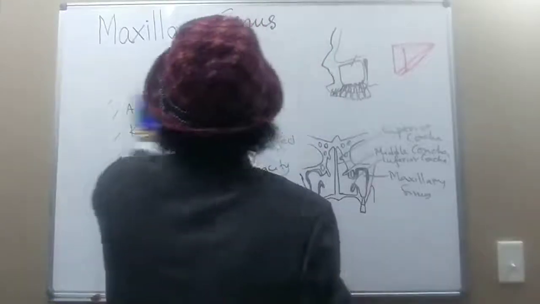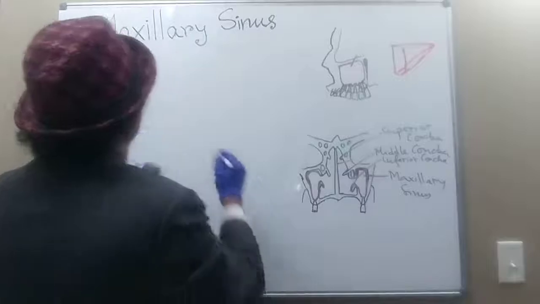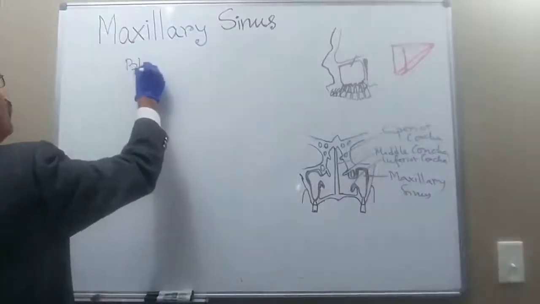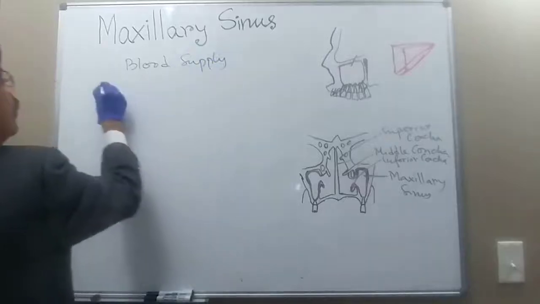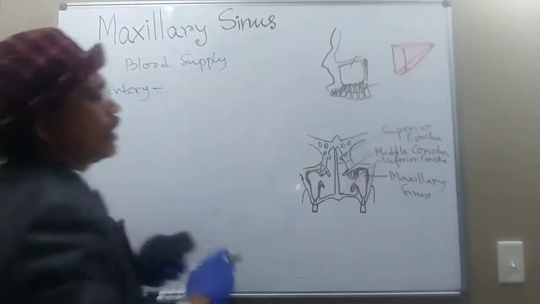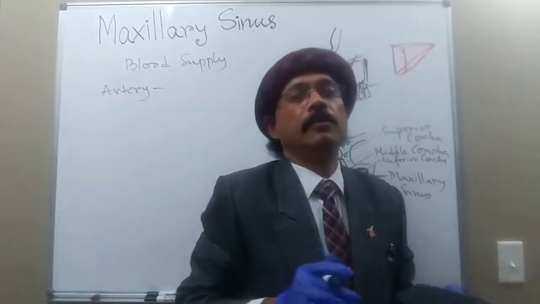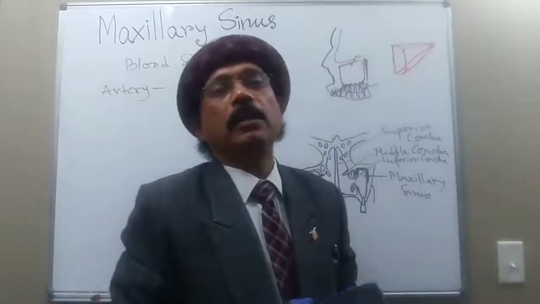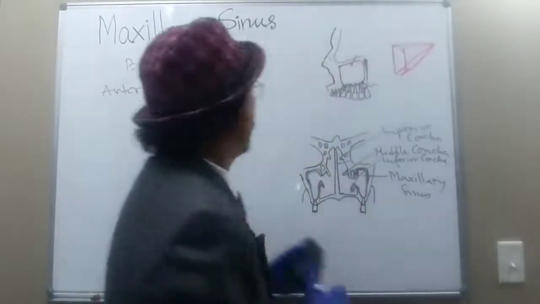Now we'll go to the blood supply. Okay. Blood supply, if we go to the arterial supply, let us remember what arteries are close to it. We have the maxilla here, so we'll get the descending palatine and the greater palatine artery.